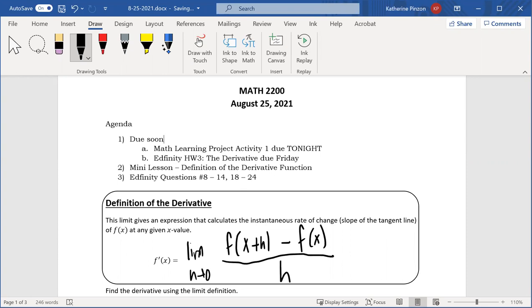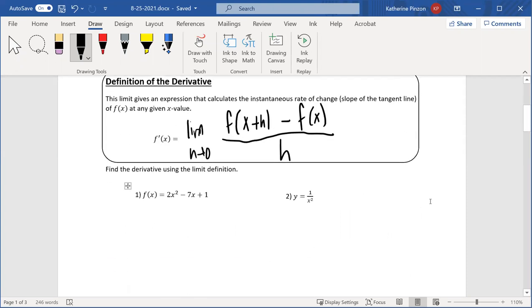So notice the only difference between this limit and the ones we used on Monday is I'm not specifying which value of x I'm looking at. On Monday, we said x is 1. So we plugged in 1 plus h and 1. Or x is 7. We plugged in 7 plus h and 7. Today, we're not specifying which value of x we're looking at. We're saying for any value of x, what would this limit be? That will give me a function in terms of x.